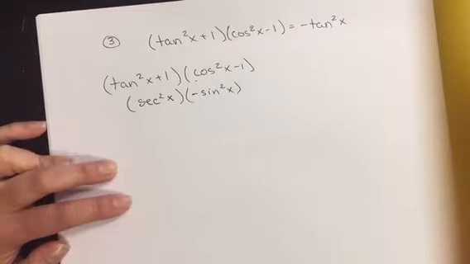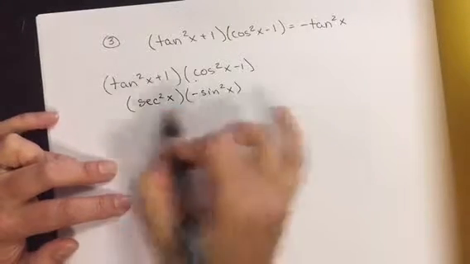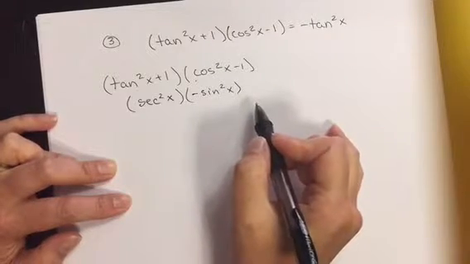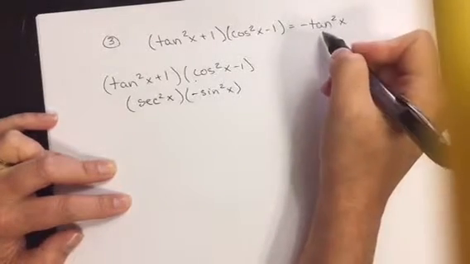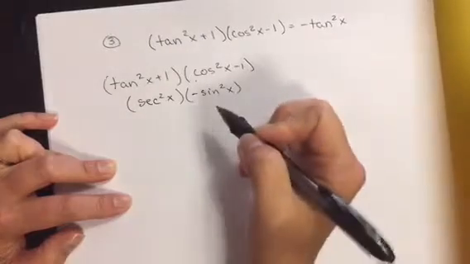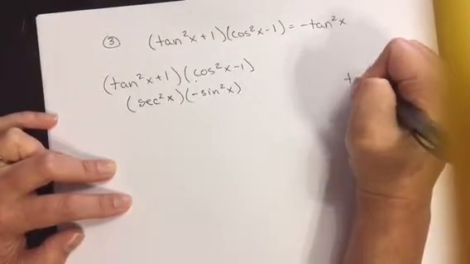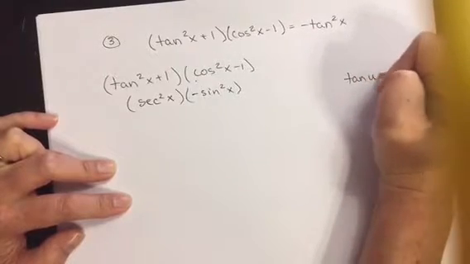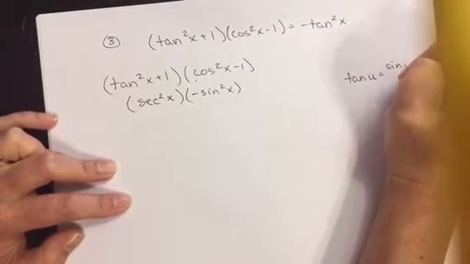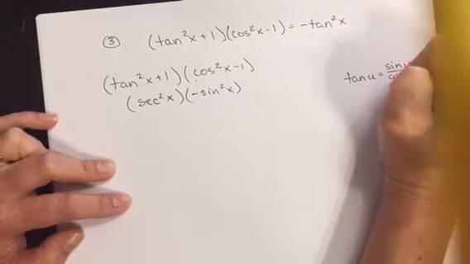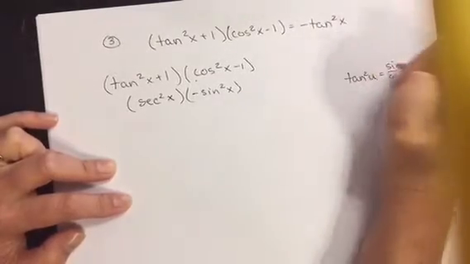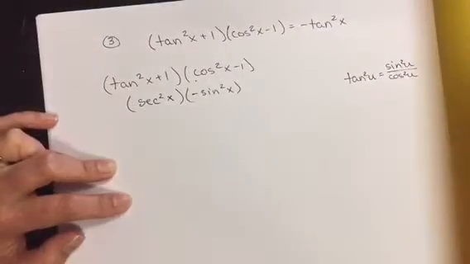All right, now I'm looking at this and I'm trying to figure out how to get it to tangent. And I know from the quotient identity that tangent u equals sine u over cosine u, and I'm going to use it in its squared form.